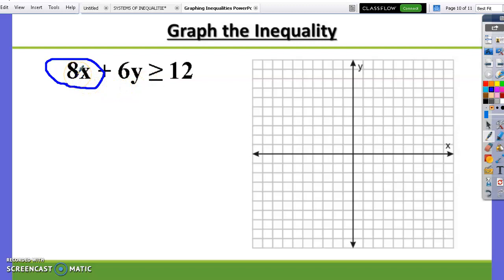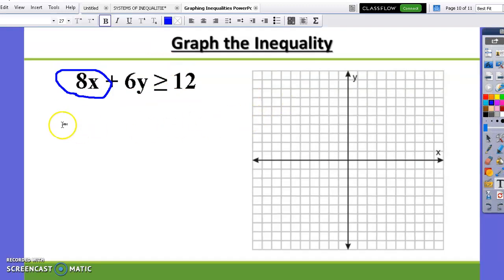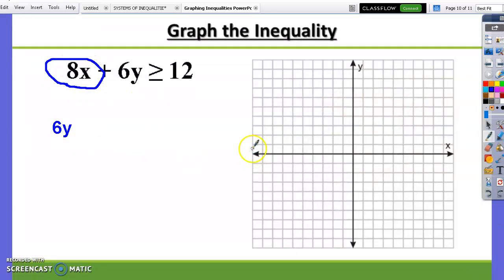So here, it's positive 8x. So when I move it to the other side, it's going to be negative. So let me just type this in here. So we're moving our 8x. We have 6y, greater than or equal to.